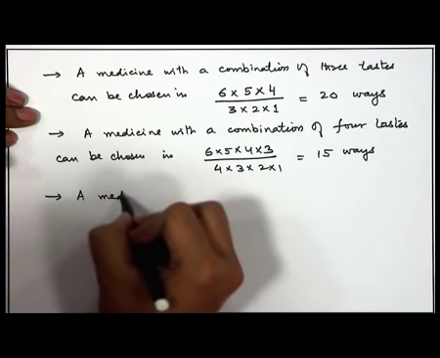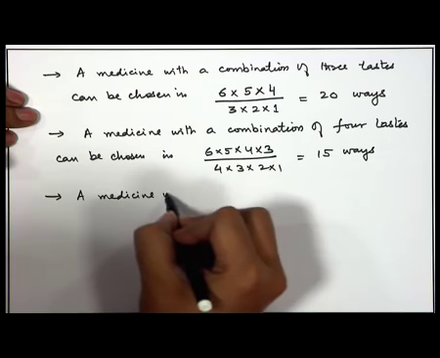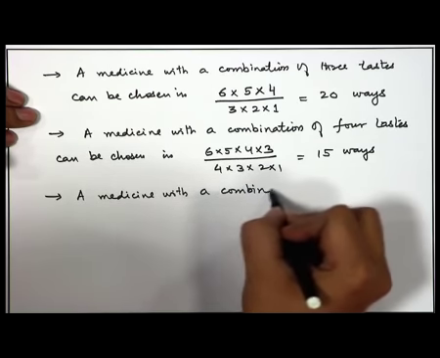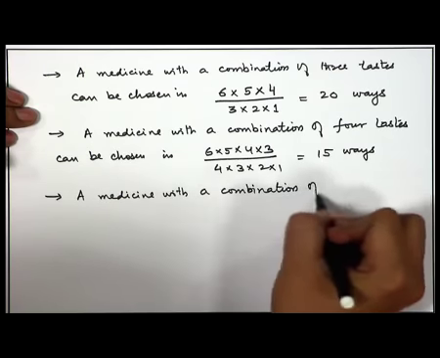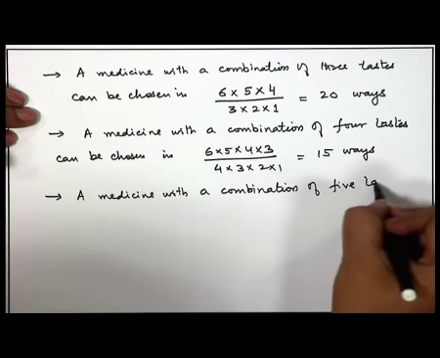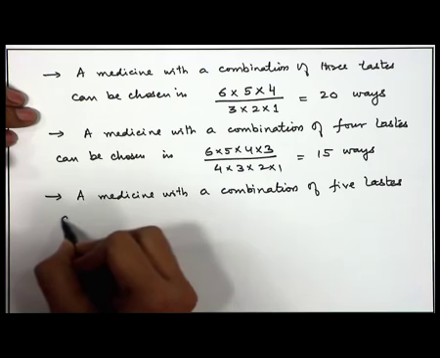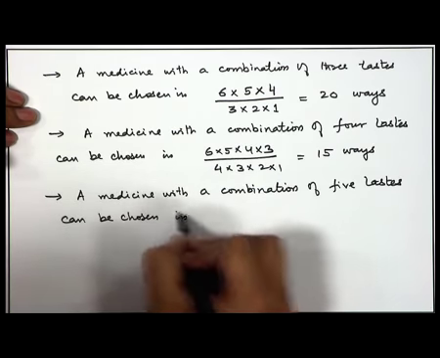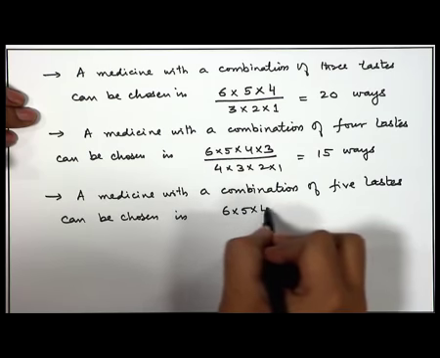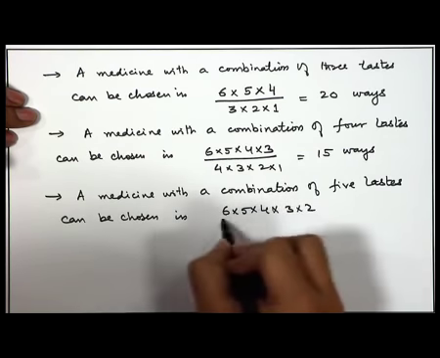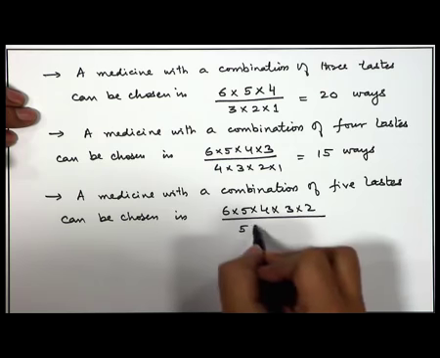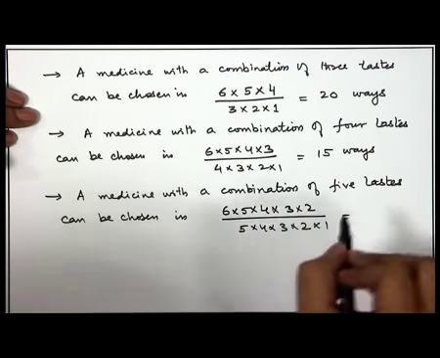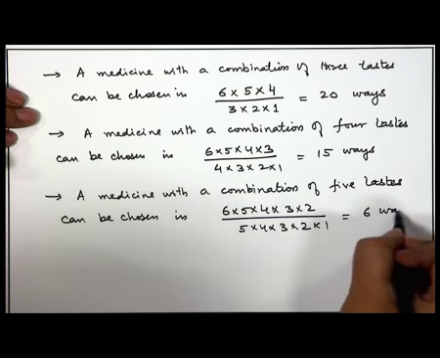A medicine with a combination of 5 tastes can be chosen in 6 into 5 into 4 into 3 into 2 divided by 5 into 4 into 3 into 2 into 1, that is 6 ways.